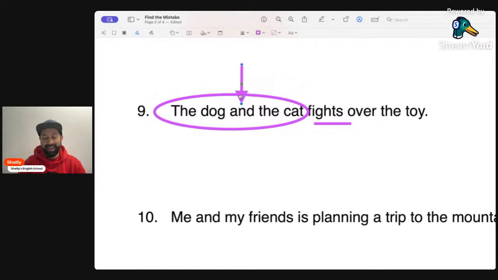Because I have the word and, that makes it a complete subject, not only the cat. So the verb fights does not match. We need to remove the S. So the answer here would be the dog and cat fight over the toy.